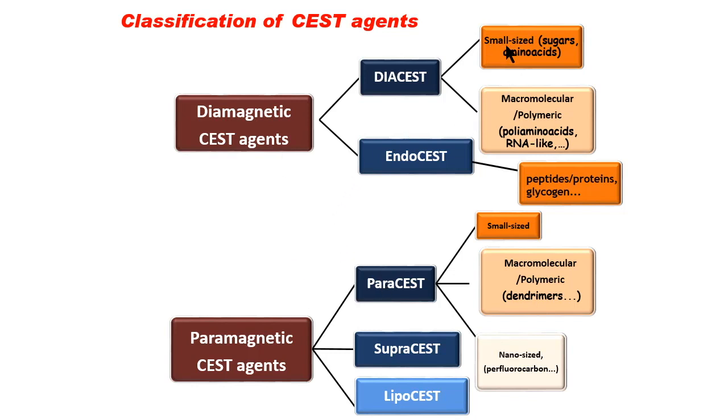The number of molecules that can be exploited is really huge, and we still think that we are just at the top of the iceberg in terms of the applications for CEST agents, because a lot still has to be discovered.